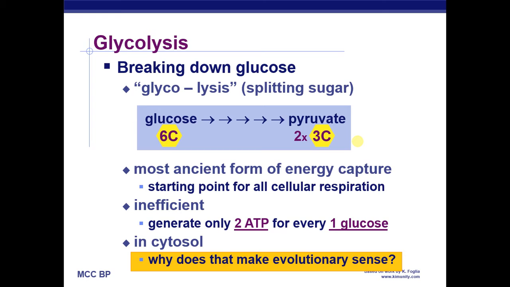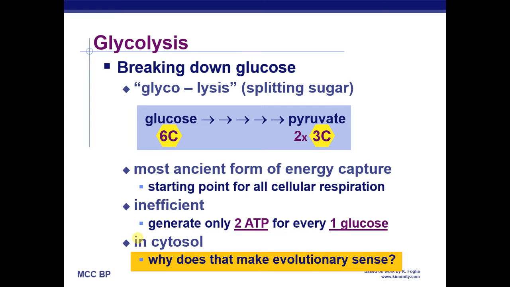Glycolysis by itself only gets 2 ATP out of every glucose molecule, which is not very much. It's leaving a lot of stored energy still in pyruvate. And like I mentioned, it's the only part that takes place in the cytosol. Maybe think about that.